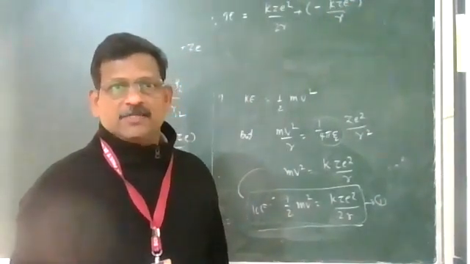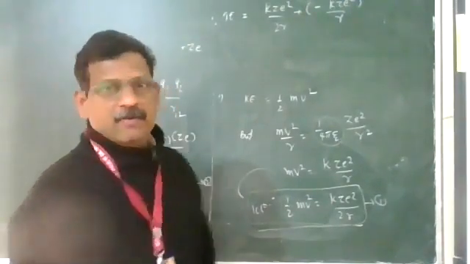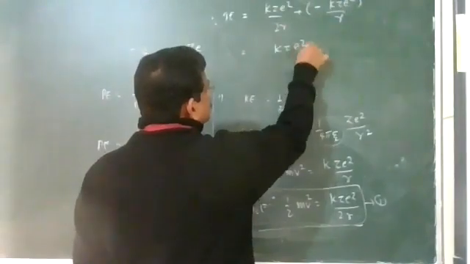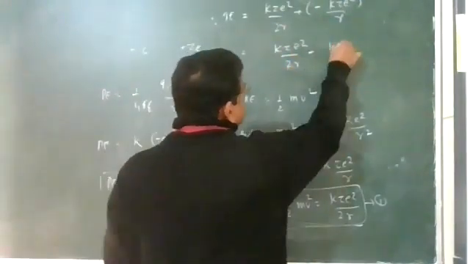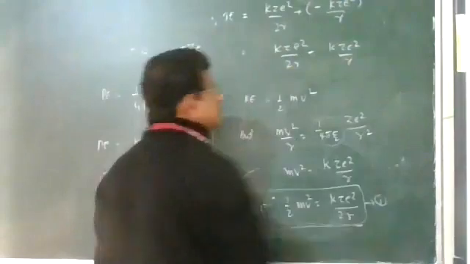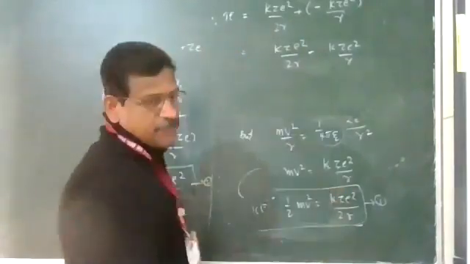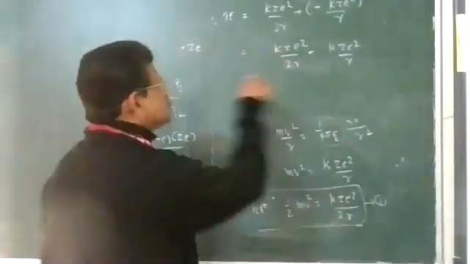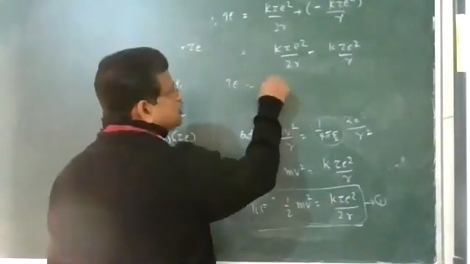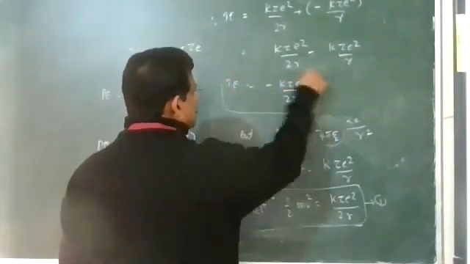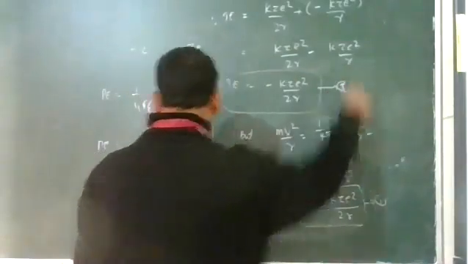One is plus, another is minus. Half minus 1. What will be this value? k Z square divided by 2r minus k Z square divided by r. Half minus 1 is minus half. So total energy is equal to minus k Z square divided by 2r. This is the total energy, equation number 3.